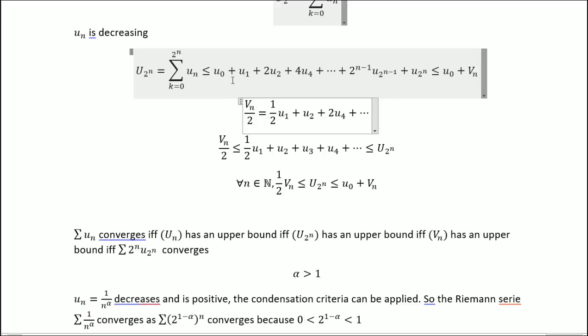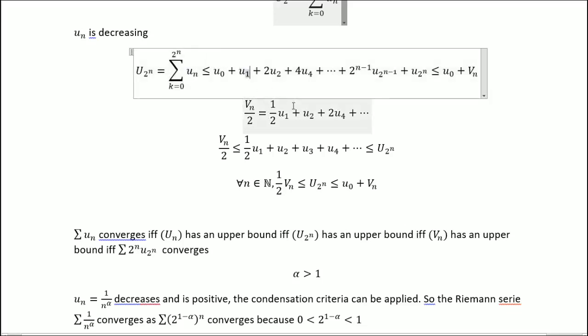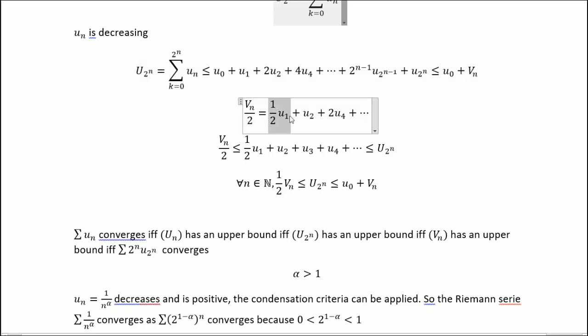So in the reverse of this, we're going to do the same inequality. This part keeps being the same, but we'll approximate u_2 as staying u_2, and 2u_4 becomes inferior to u_3 plus u_4 by the fact that u_n is decreasing. Okay, that's it. So we get this inequality here.